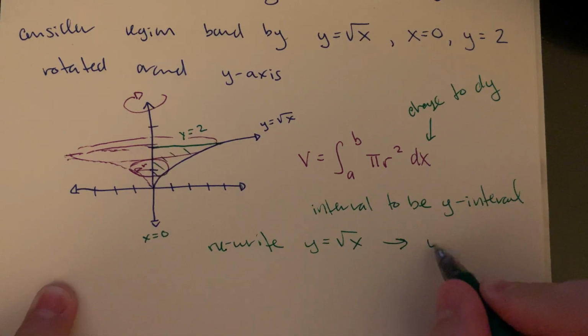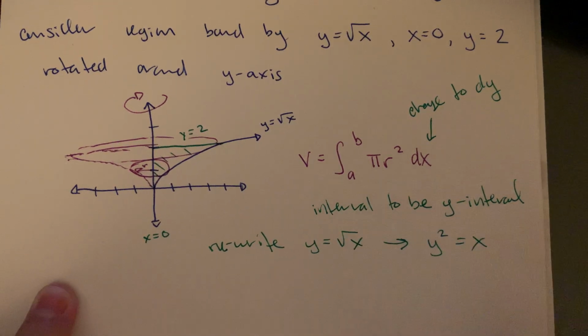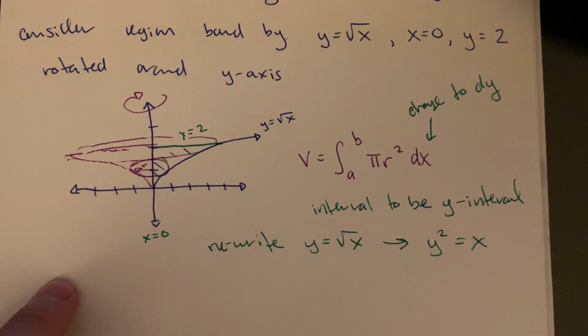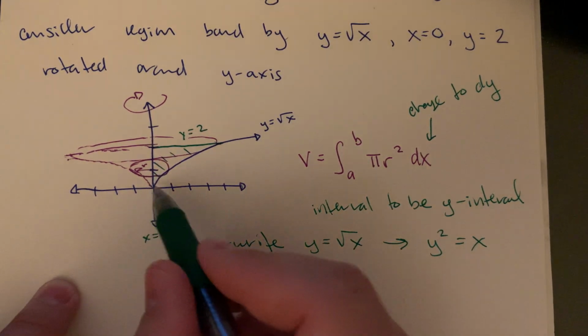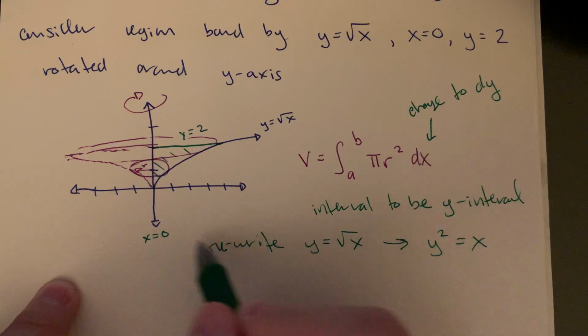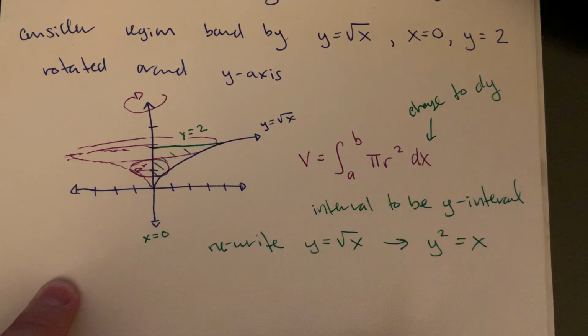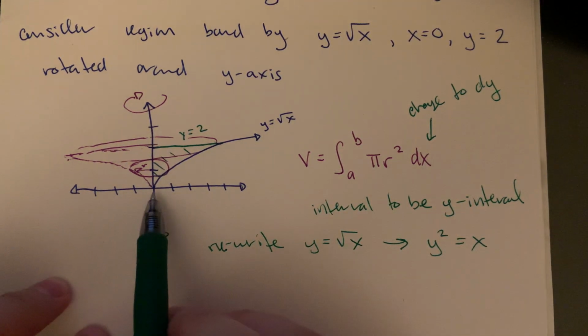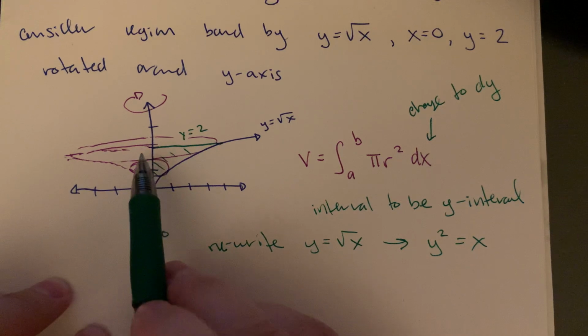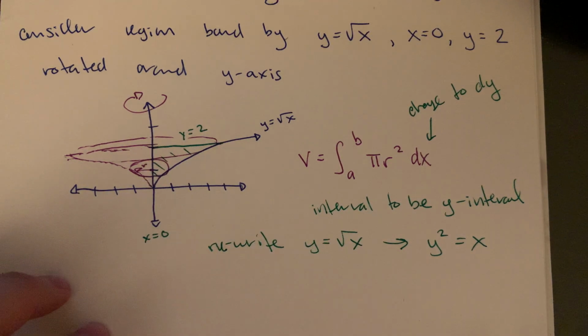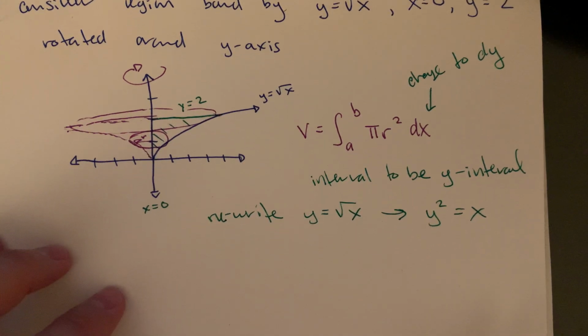If I solve that for x, that would be x equals y squared. In theory, that would also get me the underneath part here, but because I'm only doing this from 0 to 2, I don't need to put any special extra information on here.